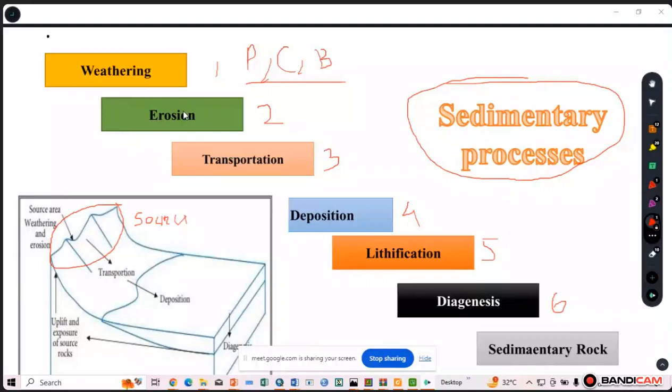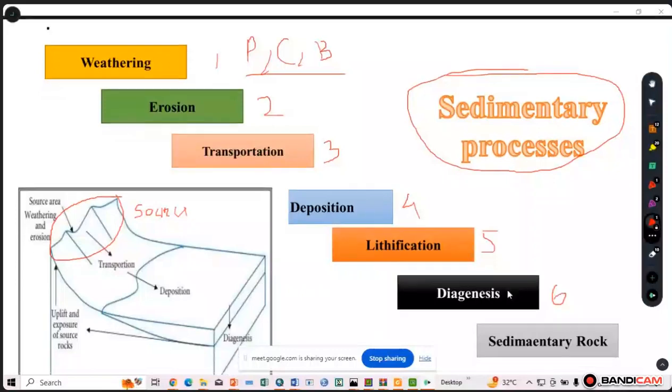As per the definition, erosion is the process which includes the destruction of the existing rock and removal of the product from the site of destruction. Then transportation, deposition, then the rock gets lithified, and diagenesis. After following these six processes, sediment is converted into a sedimentary rock.